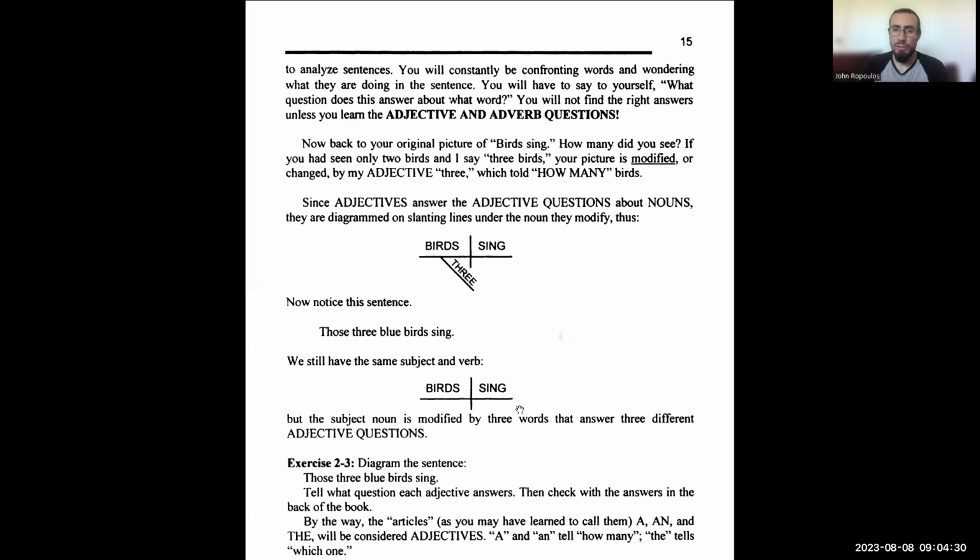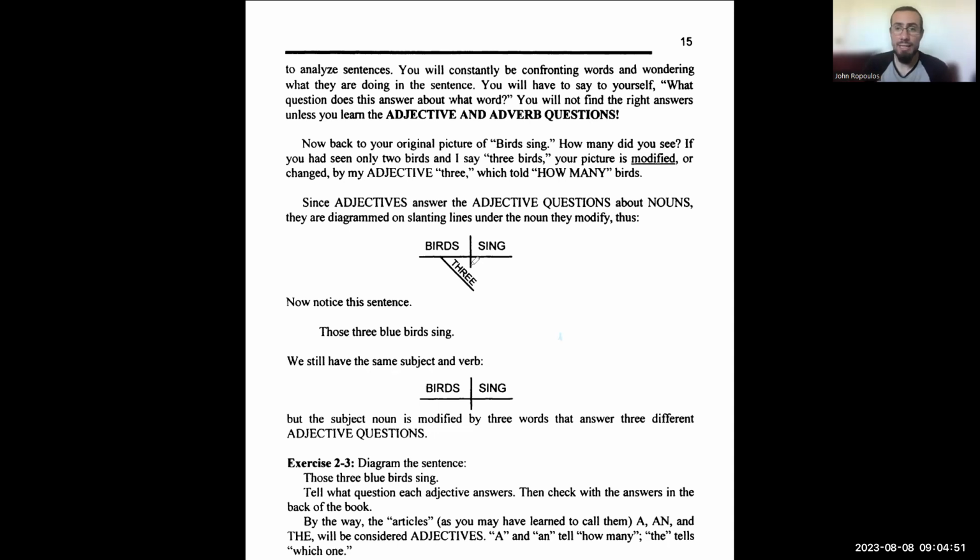So if we look here, any one of the adjective or adverb questions, when they're answered, we're going to diagram it. And we're going to diagram it in a way to show its subordinate relationship, to show that it is dependent on the other word. So for instance, birds sing.